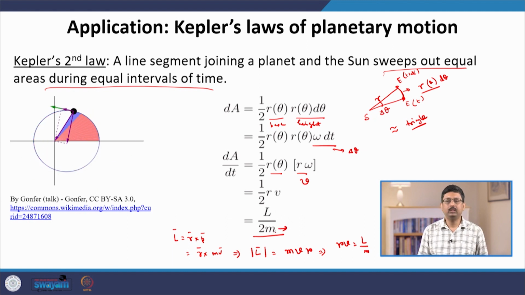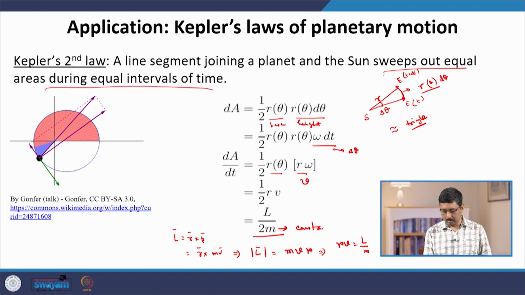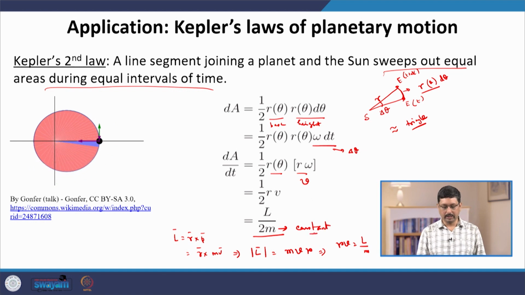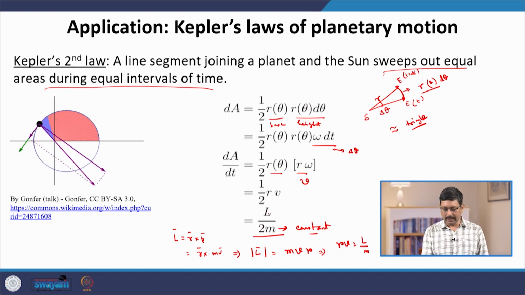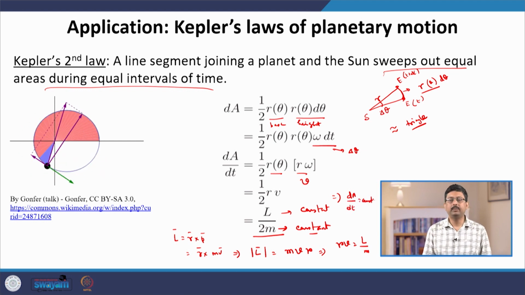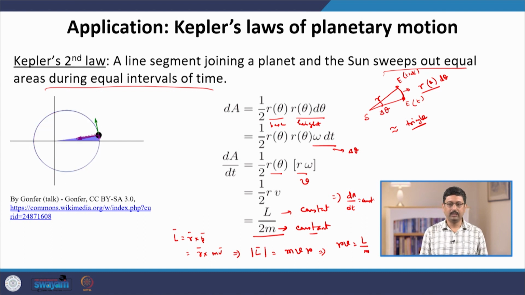Now, m, which is the mass of the earth, is constant. Let us assume that this is constant. So, if this is constant, then L is also constant, as we just proved. That means dA/dt is equal to a constant. So, this is basically the content of Kepler's second law.